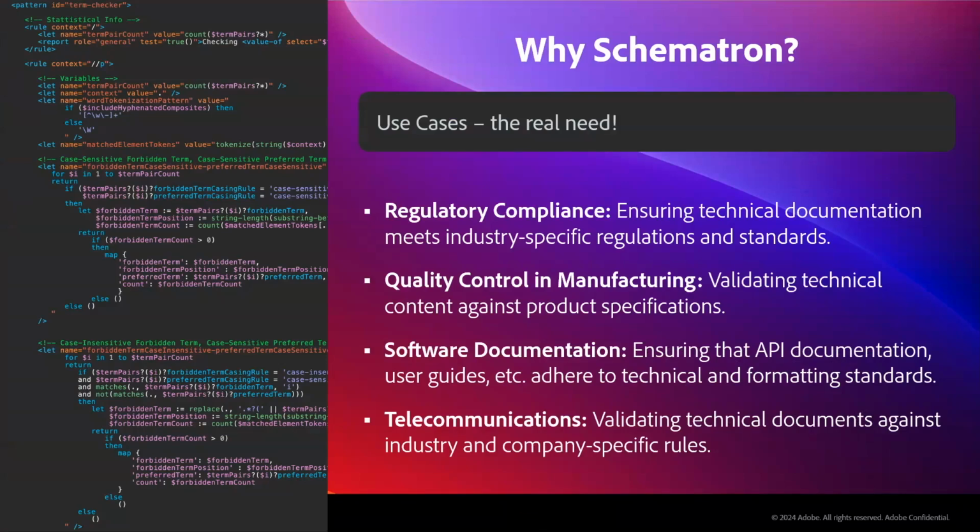Also, in software documentation, it enforces rules which help authors adhere to technical and formatting standards. And similarly, in telecommunication, it helps in achieving industry and company specific rules by validation of technical documentation.